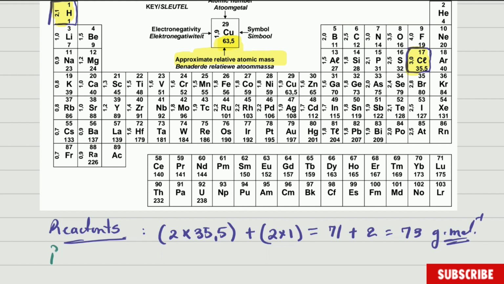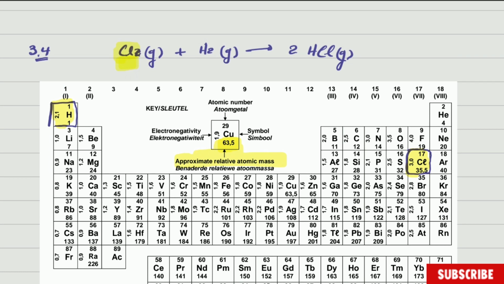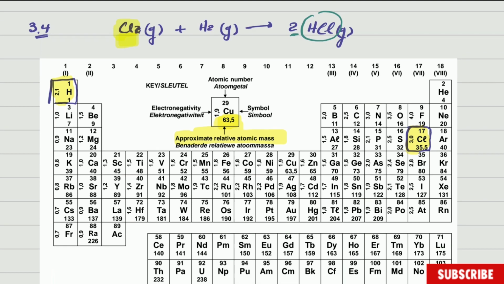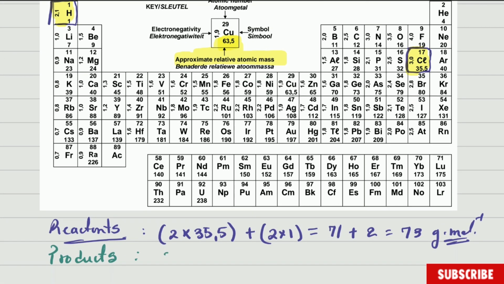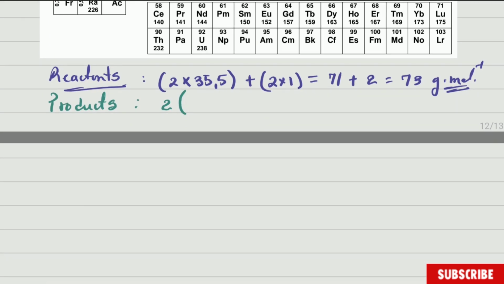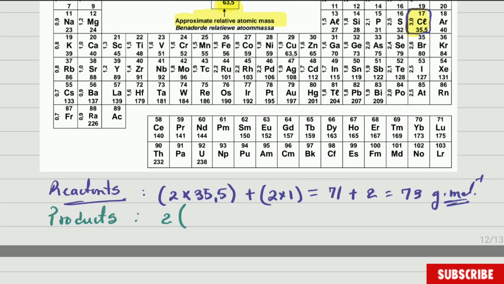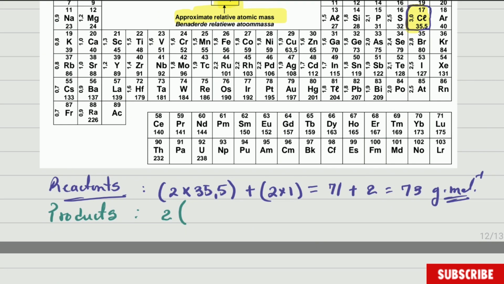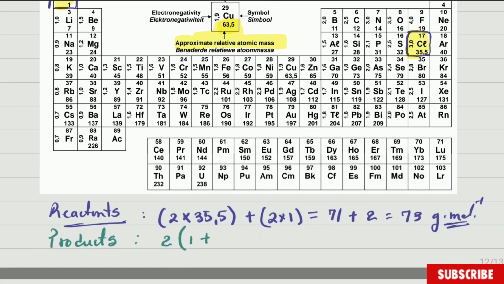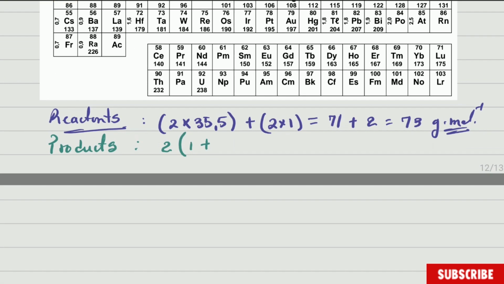Now for the products, that is going to be 2. This 2, remember, affects everything behind. So it's 2, and then I'm going to open a big bracket there. Let's pick a page here so you can see it properly. 2 times, first we have 1 hydrogen, so it's 2 times 1 plus, and then chlorine, which is 35,5.